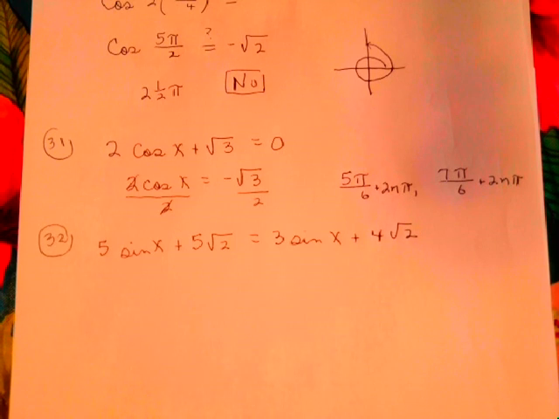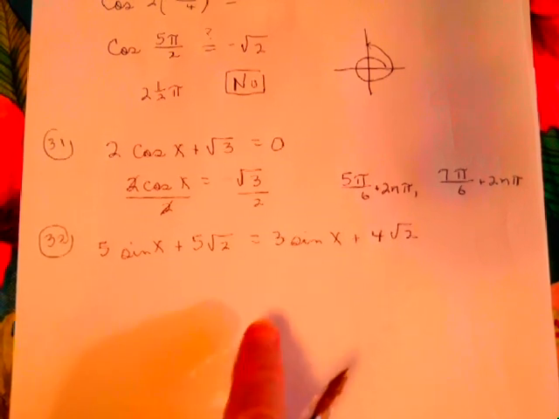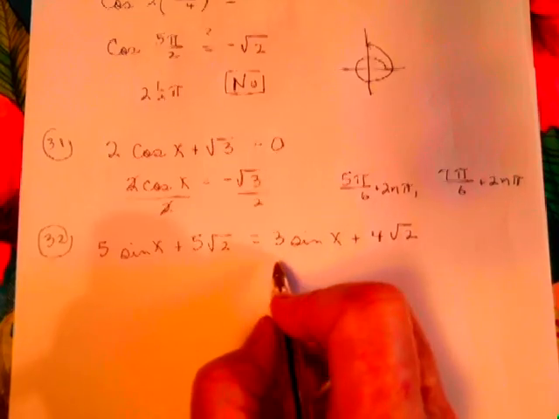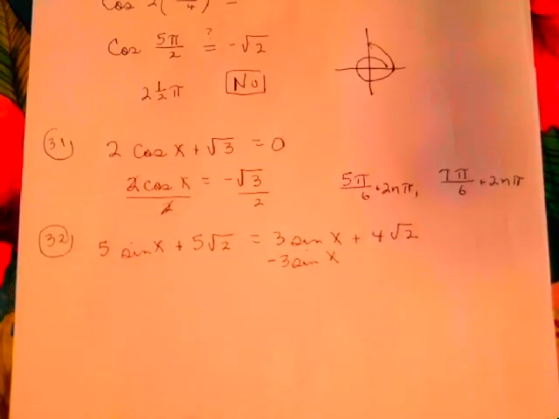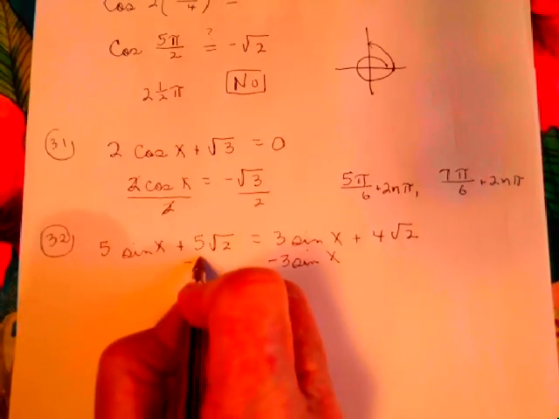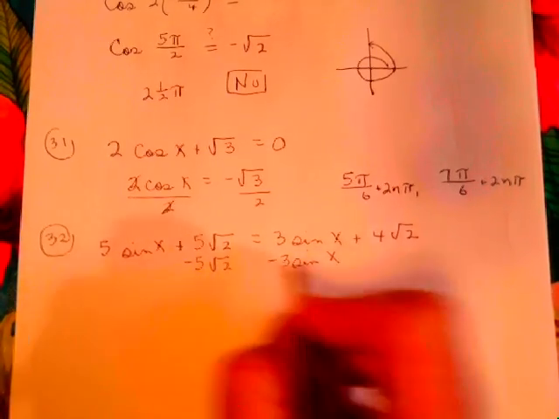You're trying to solve an equation, so you're trying to get sine on one side by itself and everything else on the other. Subtract 3 sine of x from each side. Subtract 5 times the square root of 2 from each side.